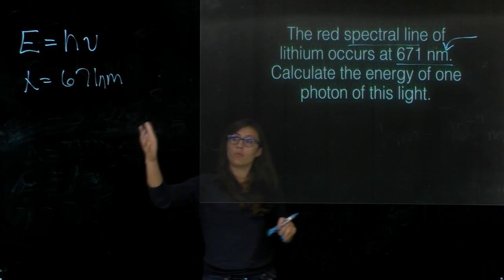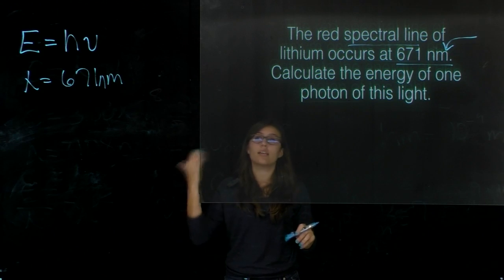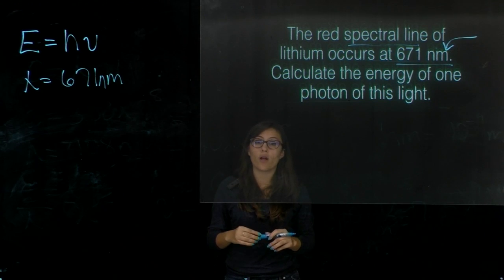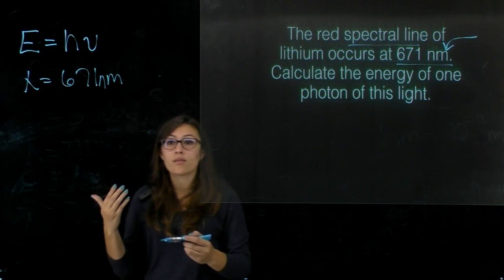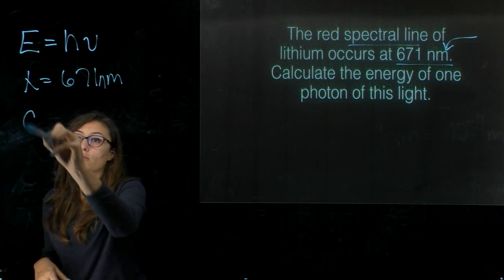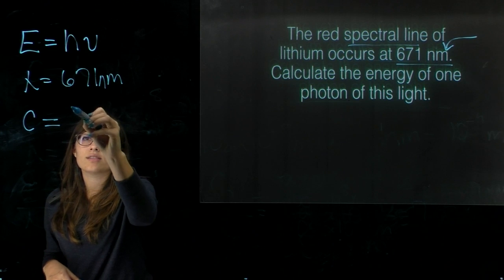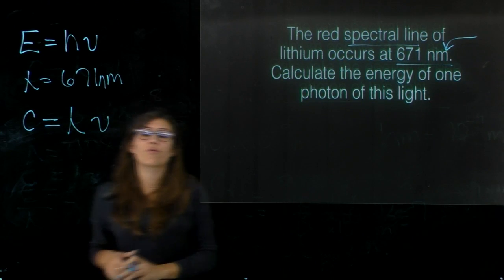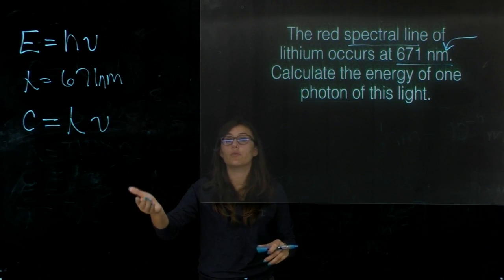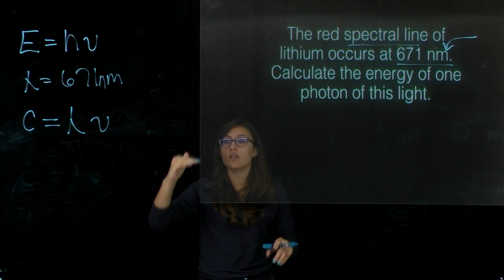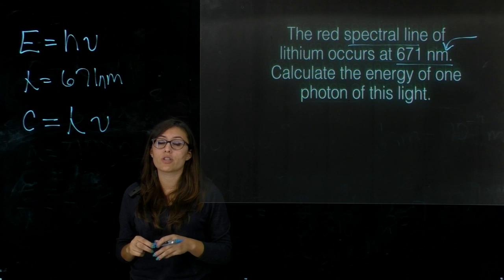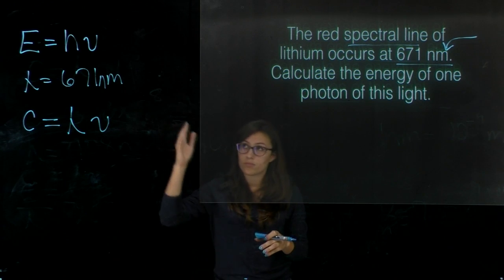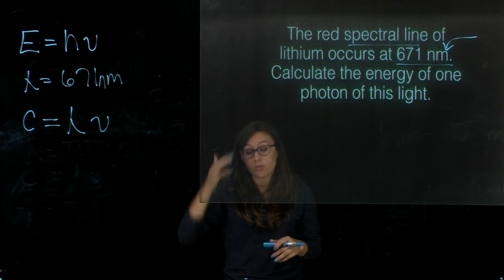Well, we look at this and we can't exactly plug in wavelength immediately into the following problem. What we'll have to do is determine the frequency, which we know the speed of light is equal to wavelength times frequency. So we can solve for frequency. Once we solve for frequency, we can then plug our frequency into the very first equation that we noted up above, what that energy is equal to.